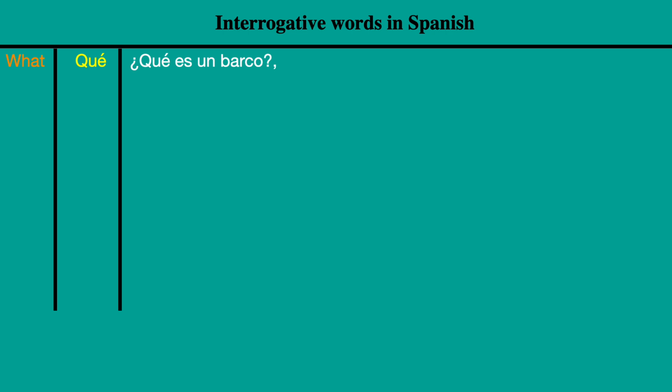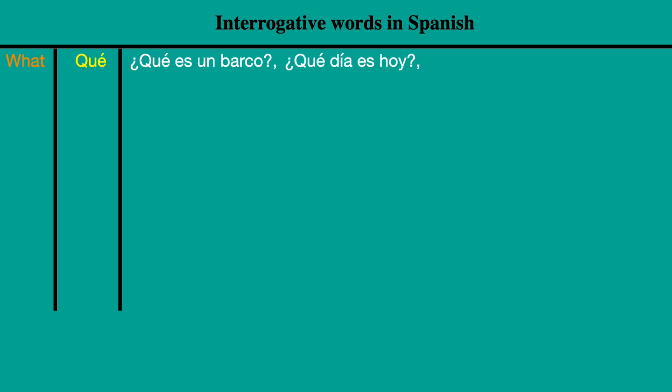Remember that in my class I always try to include what we studied in the last lesson, and in this case we have the verb to be, es, which in English is is. Also we studied barco in our last lesson. ¿Qué es un barco? What is a boat?